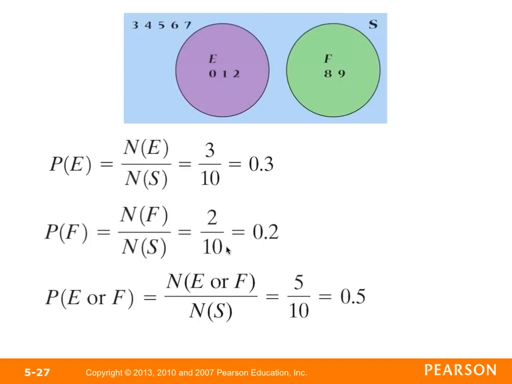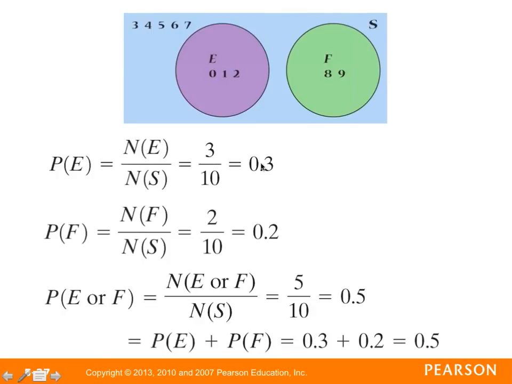The probability of getting E or F, basically we look at E, we look at F, and we put them together. So we're happy with getting either, so that means we're happy with 1, 2, 3, 4, 5 different outcomes out of our 10, so we get 0.5, or 50%.